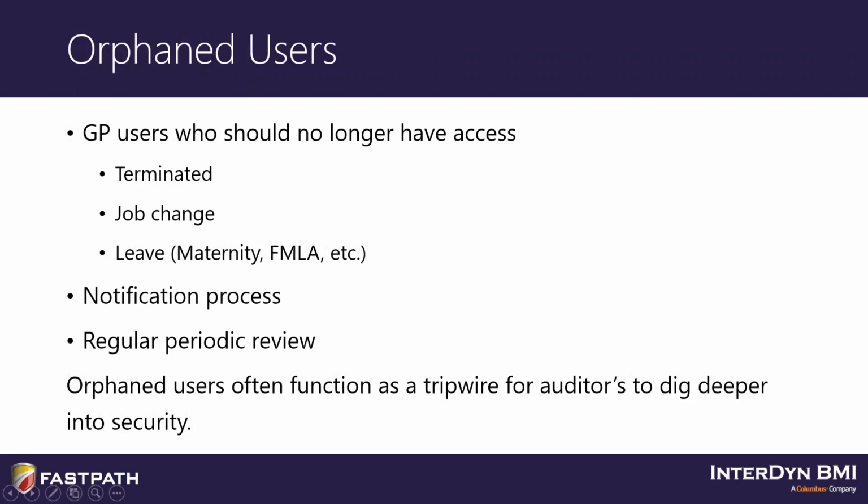Orphaned users. Okay, I touched a little bit on them when we talked about user security. But orphaned users are really, really important because oftentimes they serve as a tripwire for auditors to dig deeper into security. I can't tell you how many times when I was doing this audit work that the auditors would come in and say, give me a list of all of your GP users.